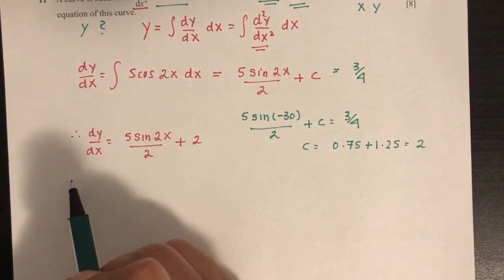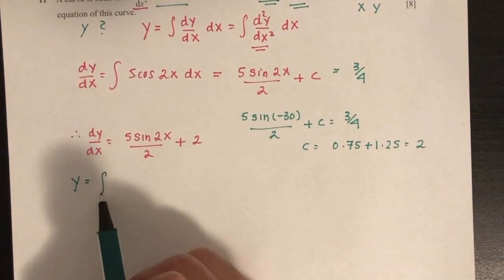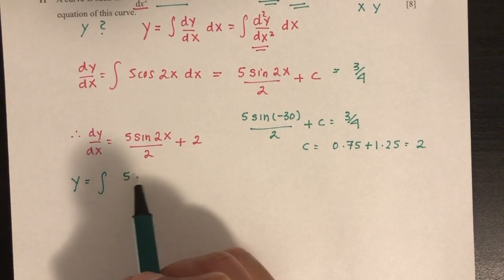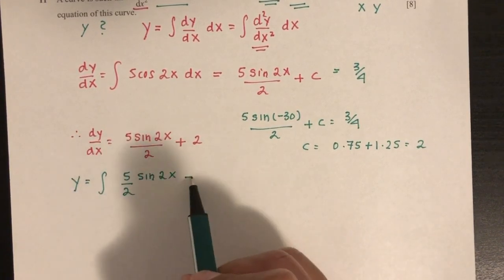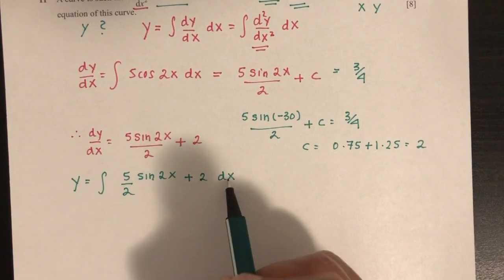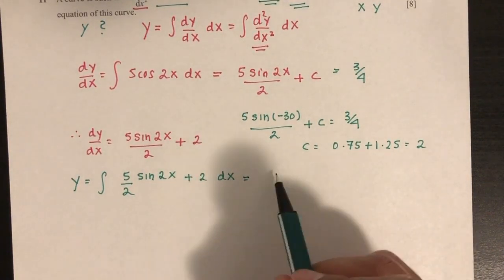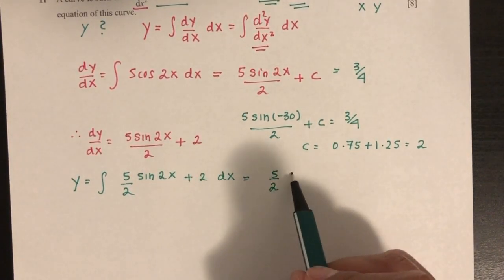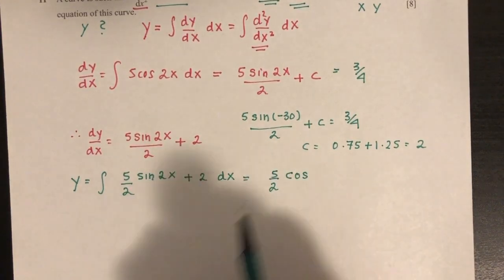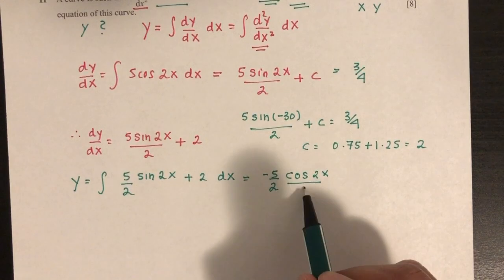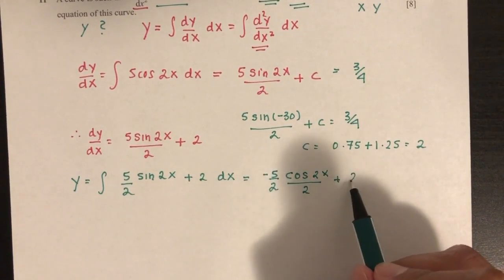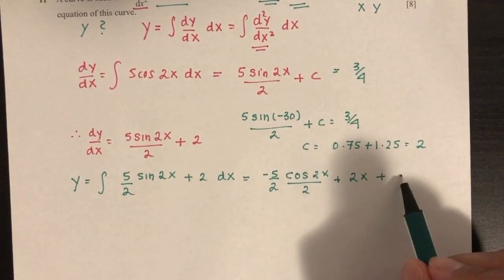Now to find y, it is equal to the integration of dy by dx, which is this, 5 sine of 2x over 2 plus 2, with respect to x. That is equal to 5 over 2. Sine becomes minus cos 2x divided by 2, plus 2x, plus constant d.